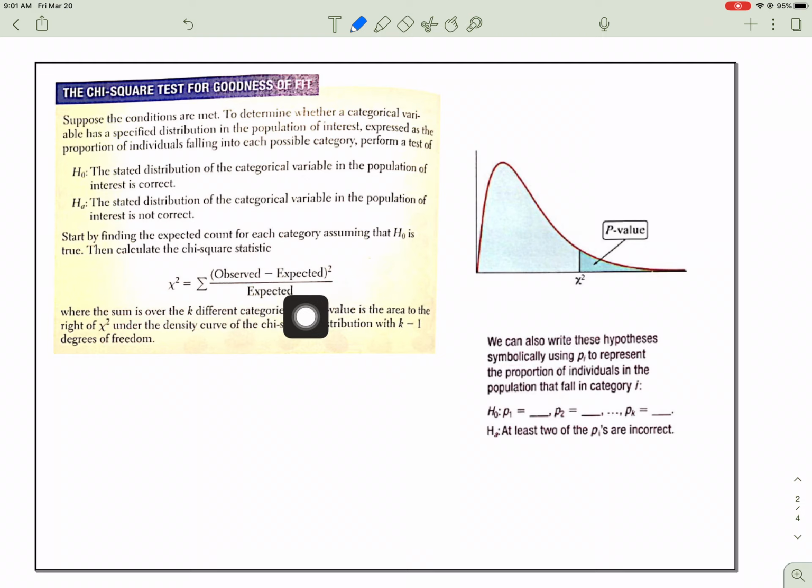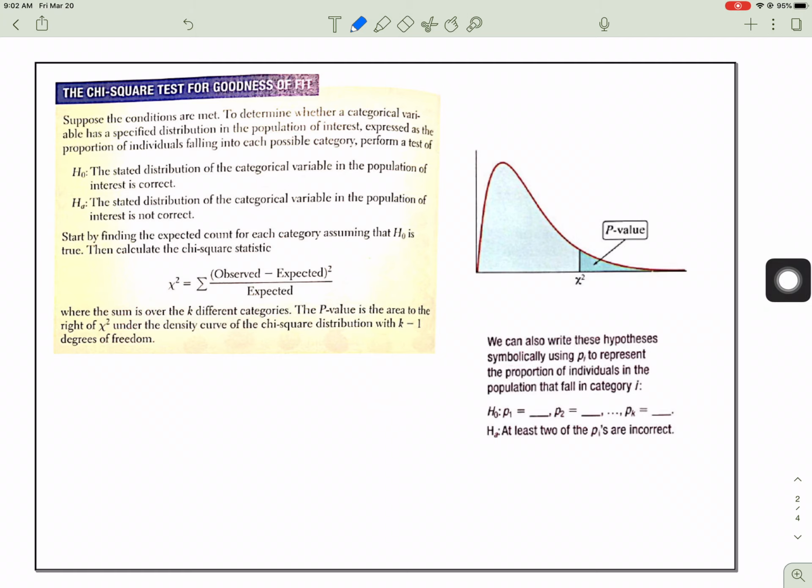We get our chi-square test statistic by taking the sum of the observed minus the expected, squared, over the expected. We did that yesterday by hand. Today we won't have to. Well, we will one more time, but then we won't have to. And you have k different categories, so the degrees of freedom is k minus 1, the number of categories minus 1.